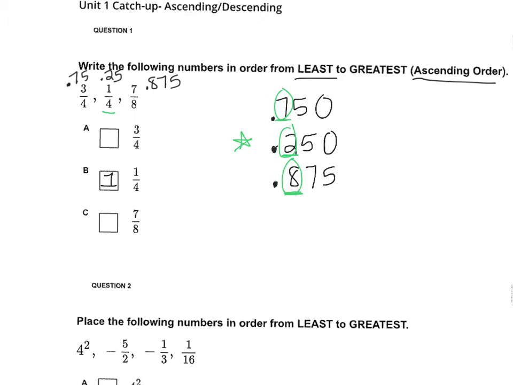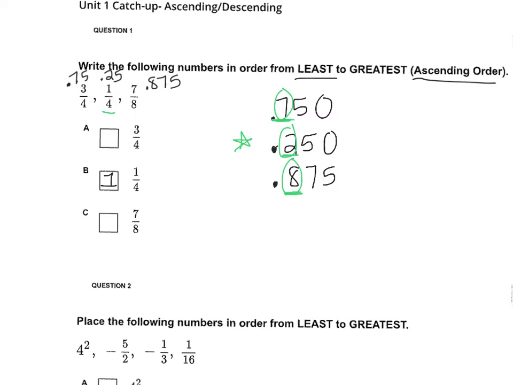On Schoology, it lets you slide them around and put them in order. The printed version isn't as nice. Okay, same idea. I want to look to see what is the next smallest number. Or you could look to see what's the biggest and do your process of elimination. But I'm just going to look at the next smallest number.